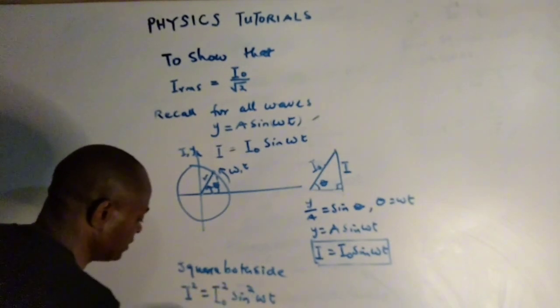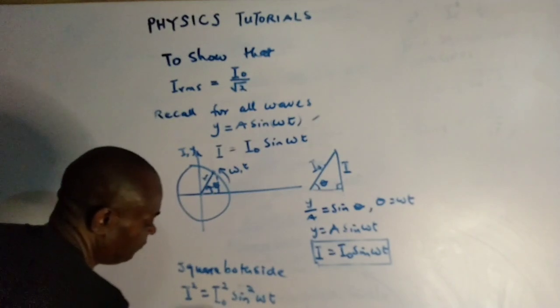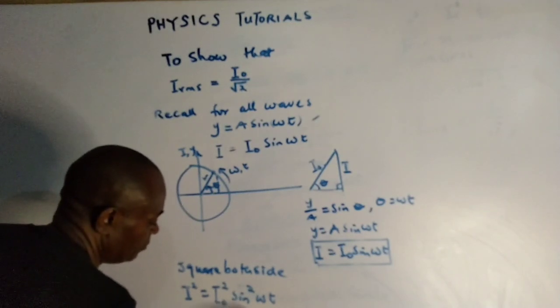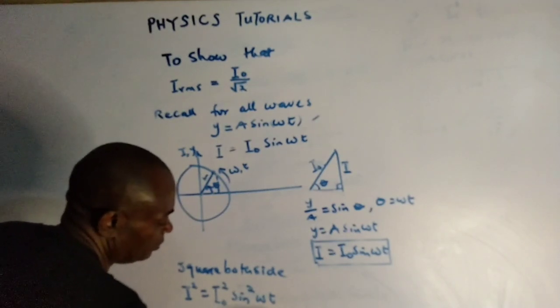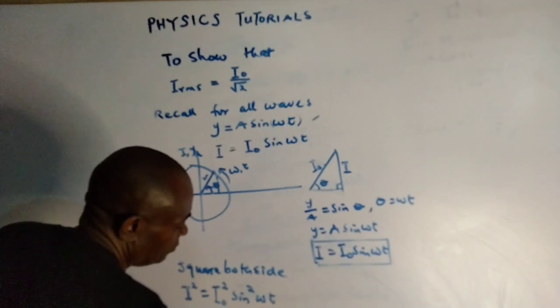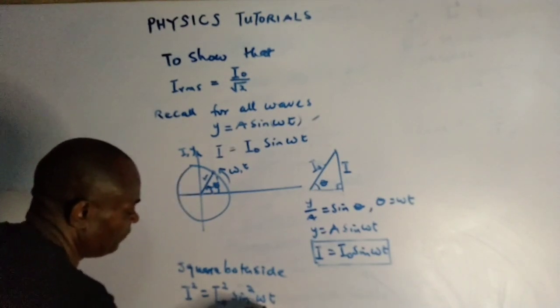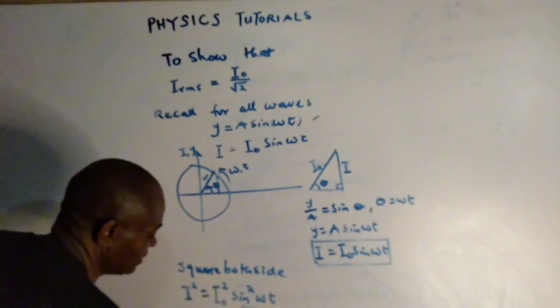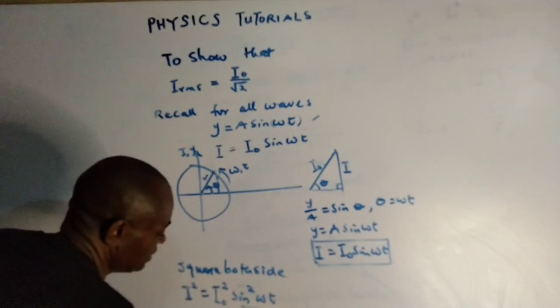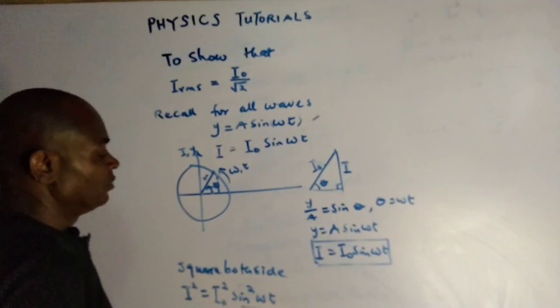For one complete cycle, the value of sine squared omega t is approximately equal to 0.5, or half.